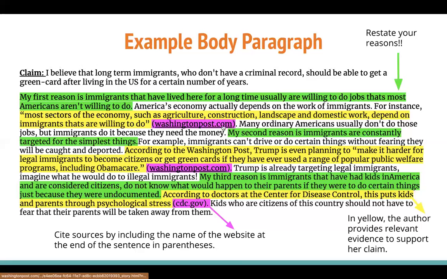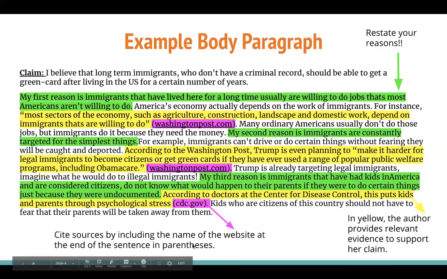And lastly, in pink, she makes sure to cite her sources by including the name of the website at the end of the sentence in parentheses. You must cite your sources. It's a key move in a body paragraph. Let's keep reading to see what else she'll do in the remainder of her body paragraph.